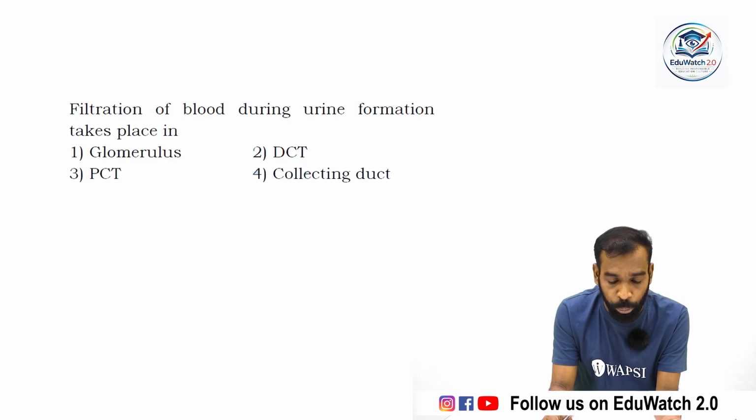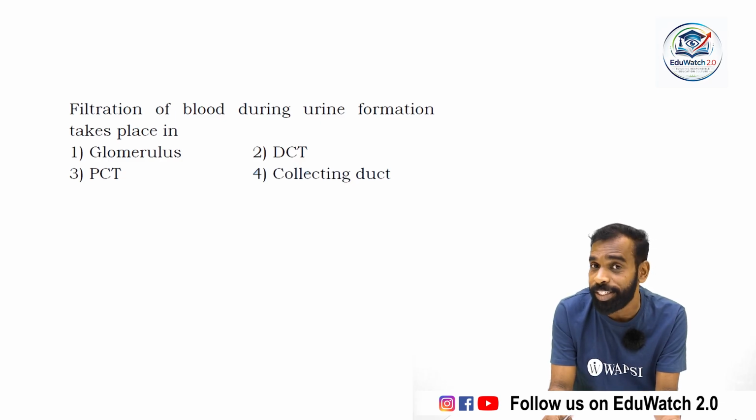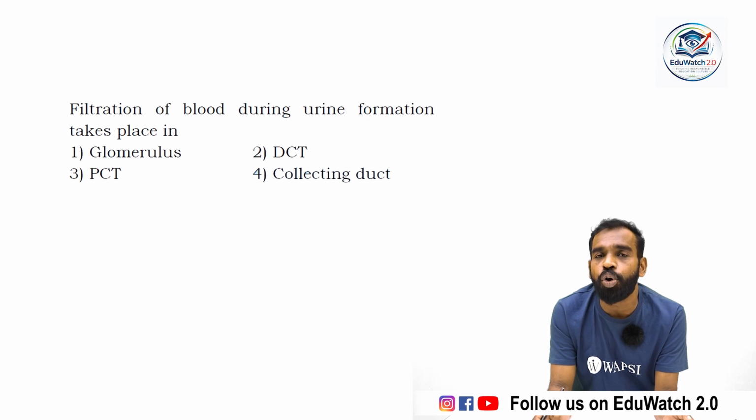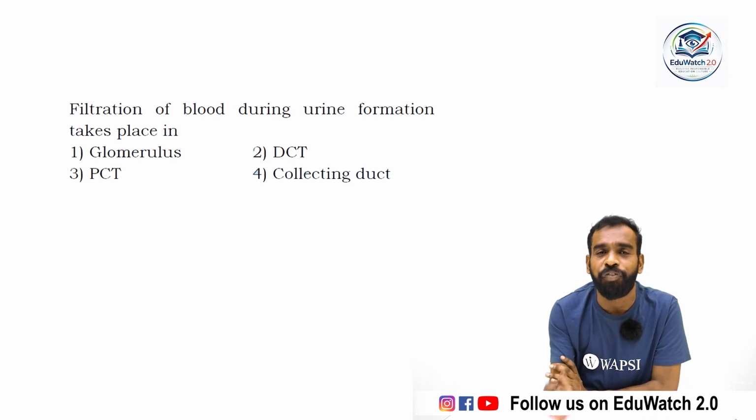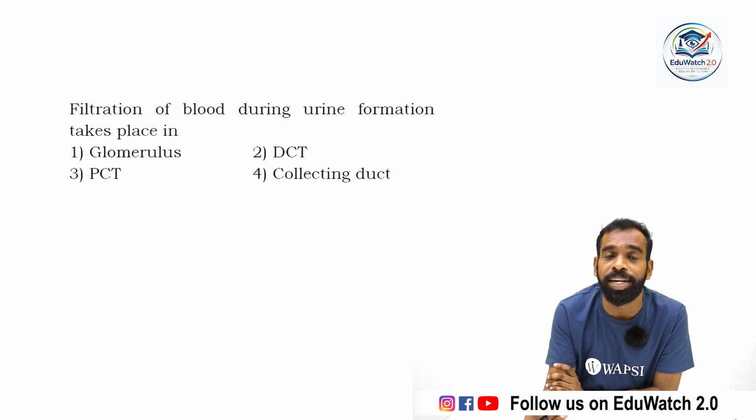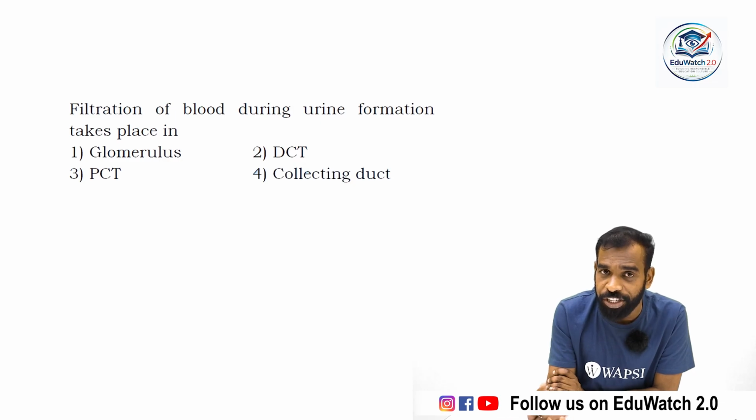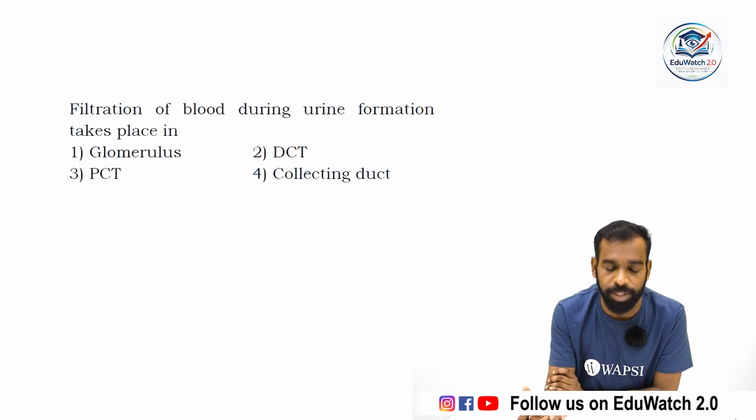Filtration of blood during urine formation takes place in the initial stage of urine formation. You know, the first step of urine formation is glomerular filtration, which takes place within the glomerulus.